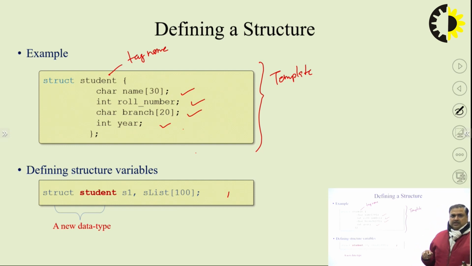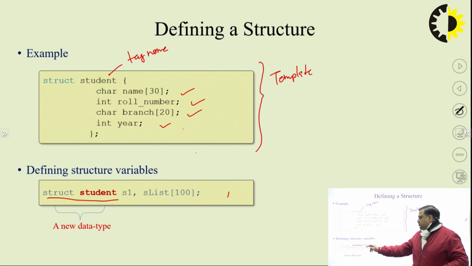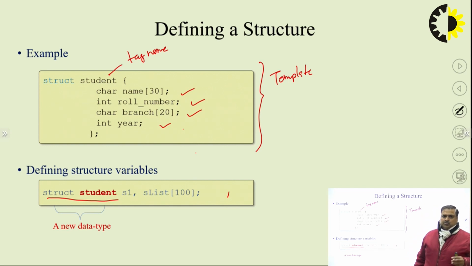If we want to create a variable for such a structure, then we can use struct student, the name of the structure. So struct student S1 is a variable of the struct student type, and slist is an array of struct student type structure.